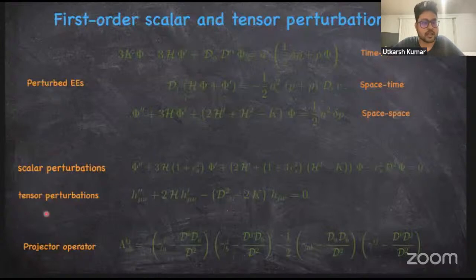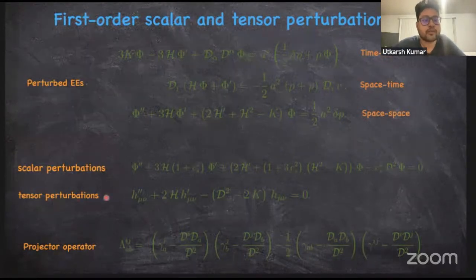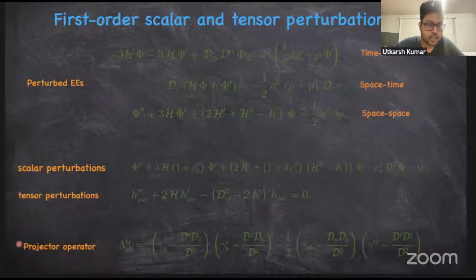Similarly, the same practice can be done for the tensor perturbations to give a similar equation. Since the tensor perturbations are gauge invariant, traceless and transverse, one also needs a projection operator to ensure the traceless and transverse nature. This projection operator is given as follows.